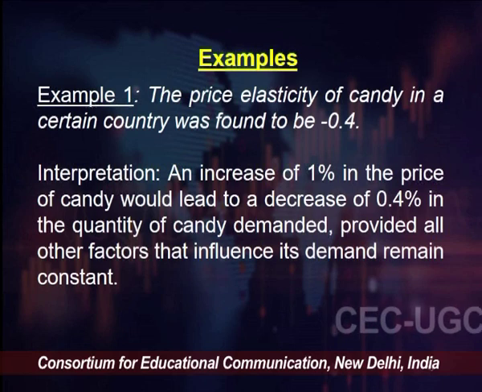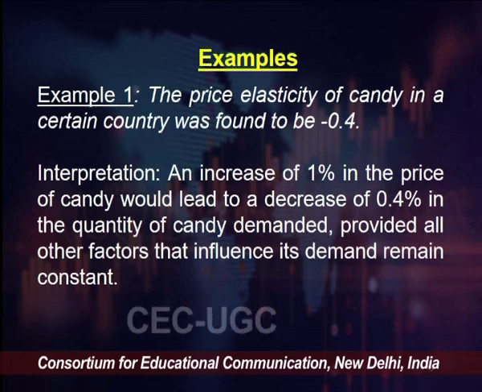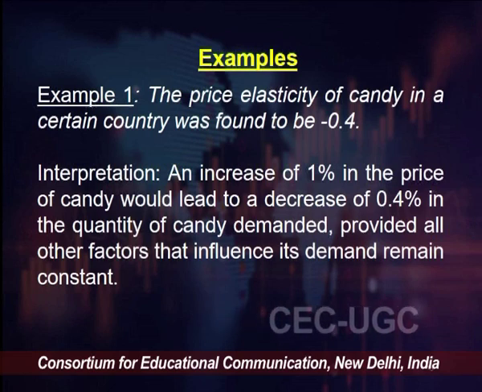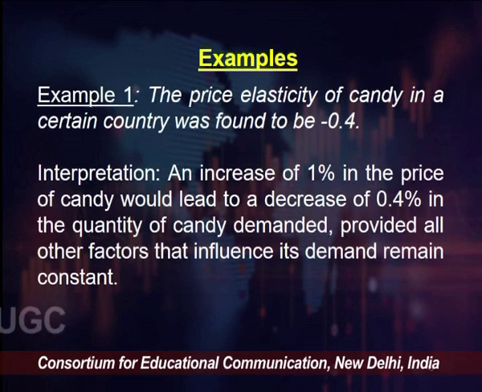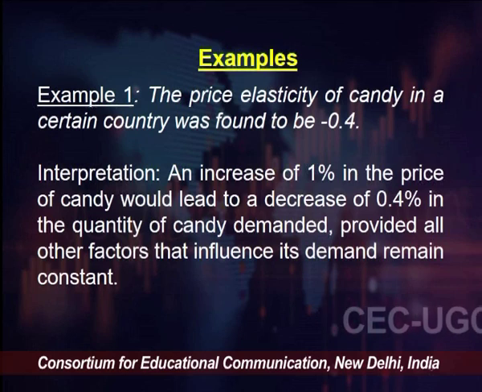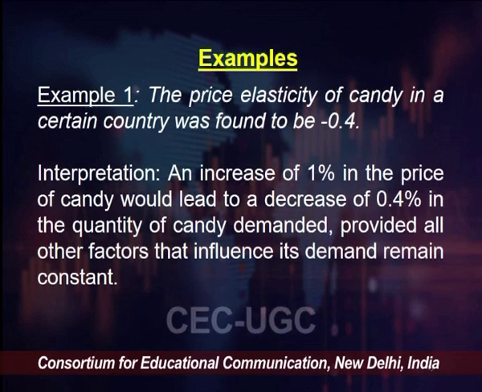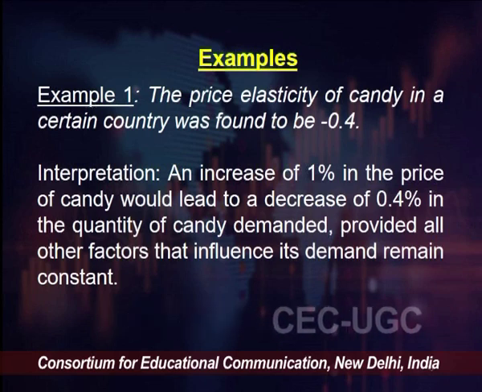So if the price elasticity of candy is minus 0.4, we say that the demand for candy is inelastic, and this is the case where the percentage change in quantity demanded is going to be less than the percentage change in price.